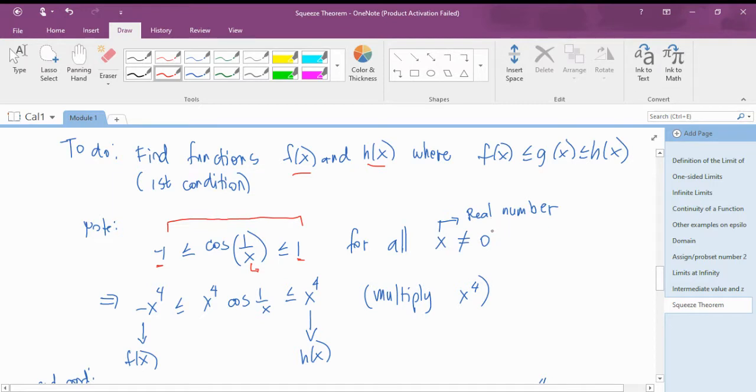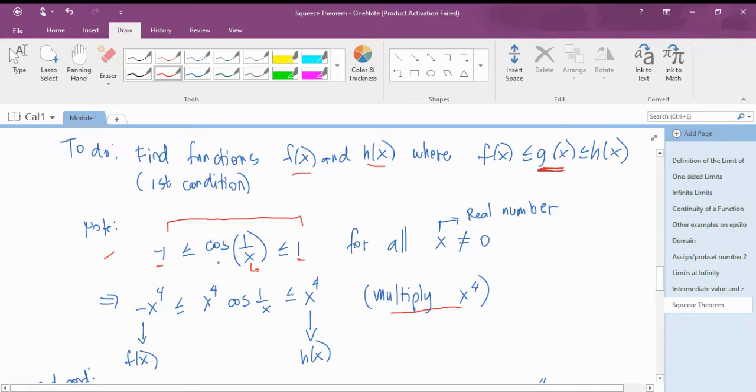Okay. So, ang goal natin, mapalabas natin si g of x doon sa ating middle function. Ang g of x natin ay x raised to 4 times cosine 1 over x. So, dito, sa condition na yan, meron na tayong cosine 1 over x. So, ang gagawin lang natin para mapalabas si g of x ay kailangan nating mag-multiply ng x raised to 4.